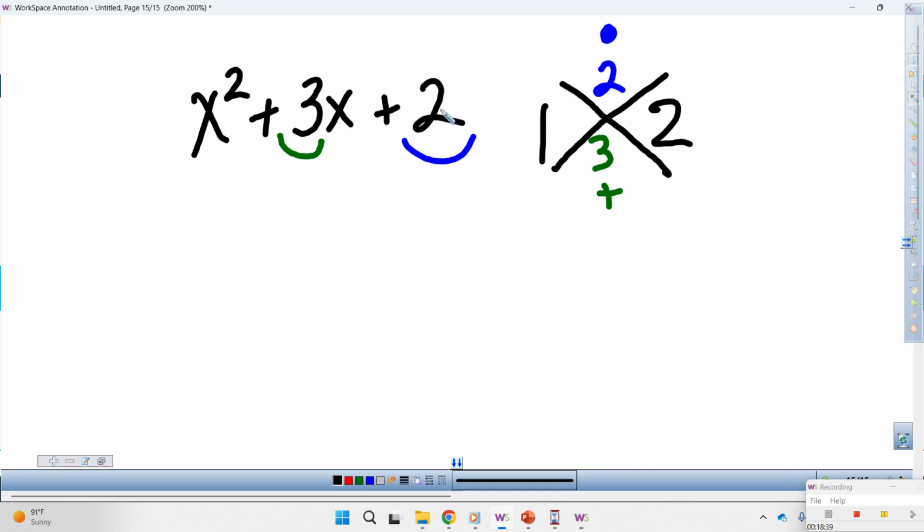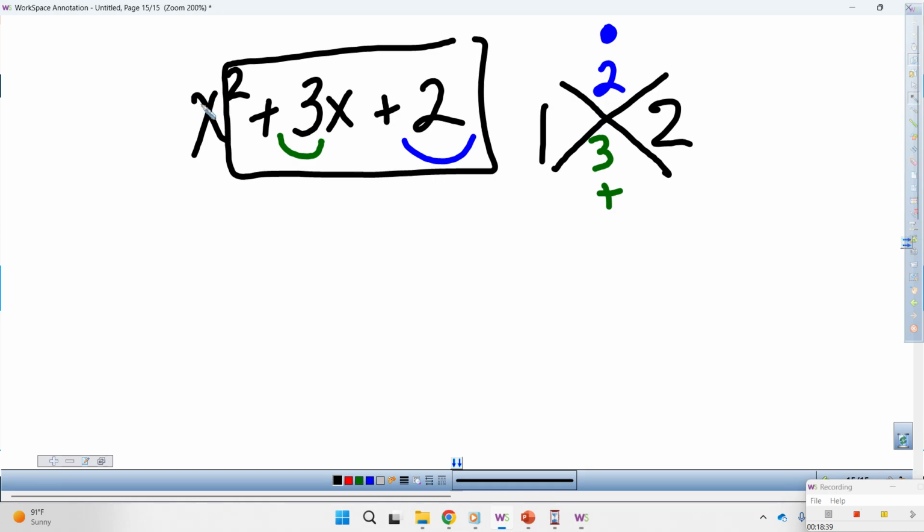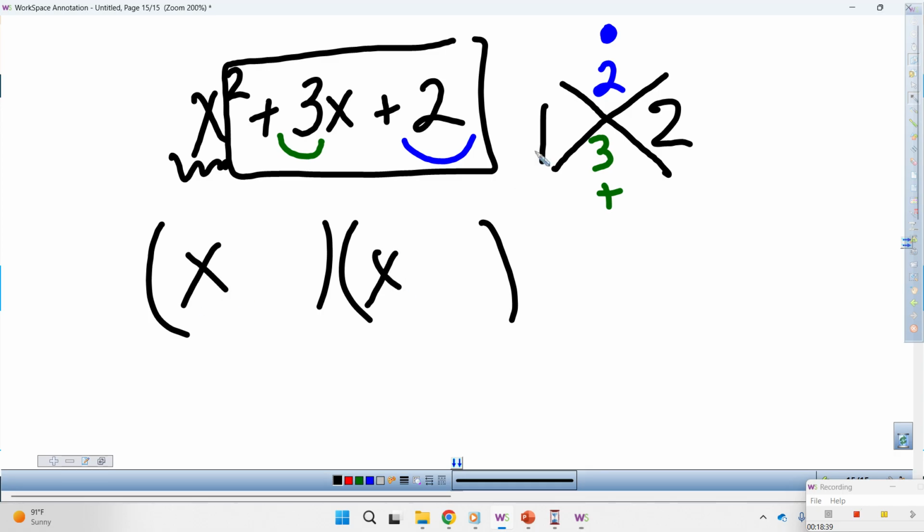Okay, so we already used this. What have we used? The x squared. So how do we break up the x squared? X times x, and then we have plus 1 and plus 2. And these are called what? Factors. Why? Because they are multiplying and should give us the original number. Are we there so far? Okay.